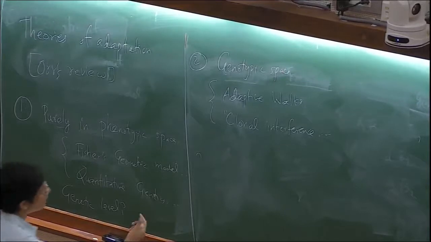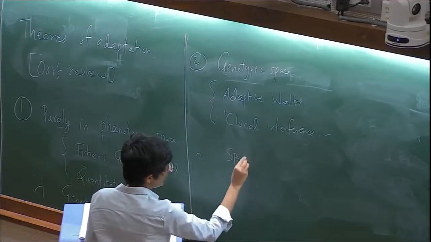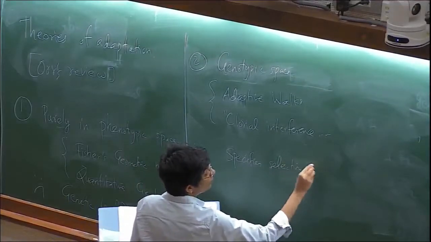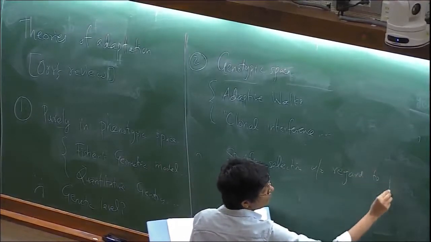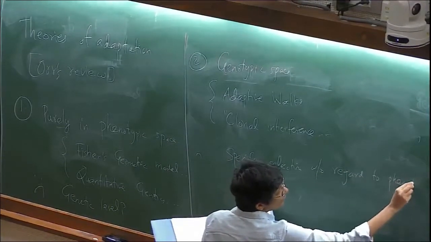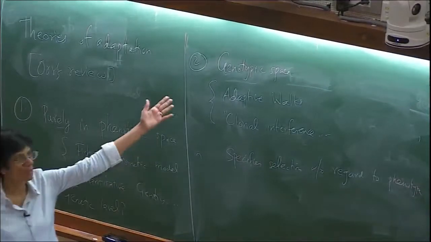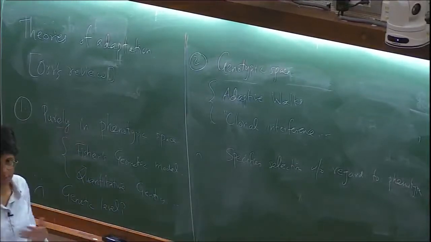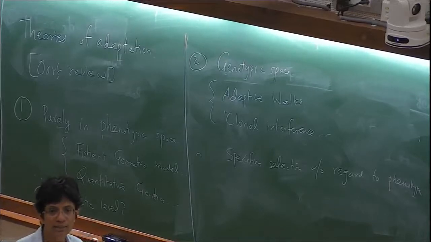So here it specifies selection without any regard to phenotype. Just like the earlier approach does not address what happens at the genetic level, these models generally don't care about what happens at the genetic level. So, of course, the obvious thing to do is to link them somehow.